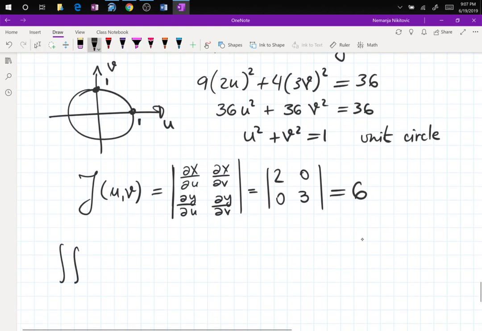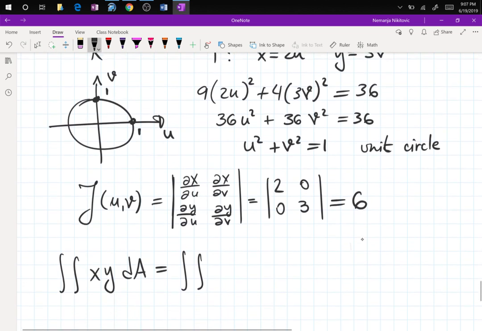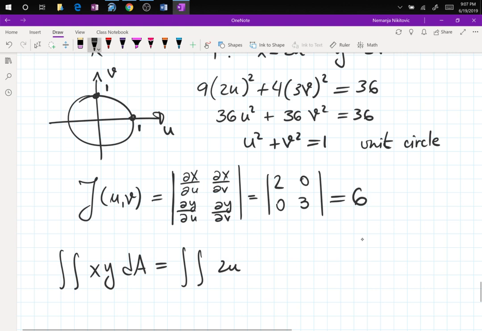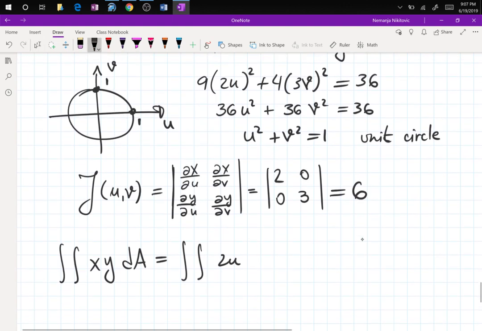Double integral of xy dA is going to be the double integral, and now I have x equal to 2u, y equal to 3v, times Jacobian 6 du dv.